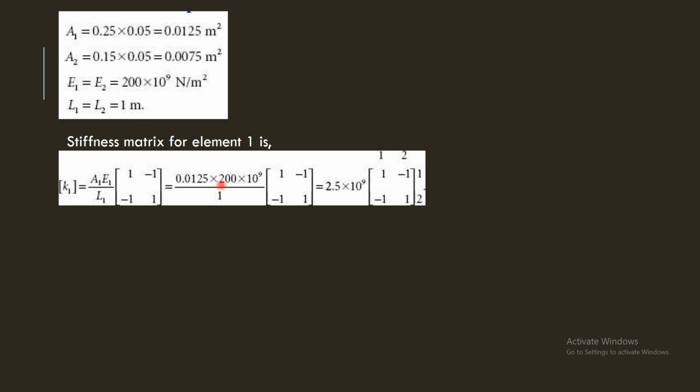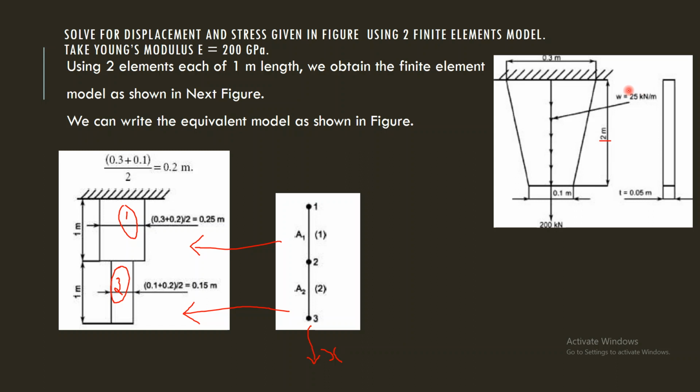One thing you need to note is that in the previous problems I used mm², but here I am using all the units in meter square, because the load magnitude is 25 kilonewton per meter. Either you can convert that load, that is w, or take all the units in meter only. So I am doing the first case.